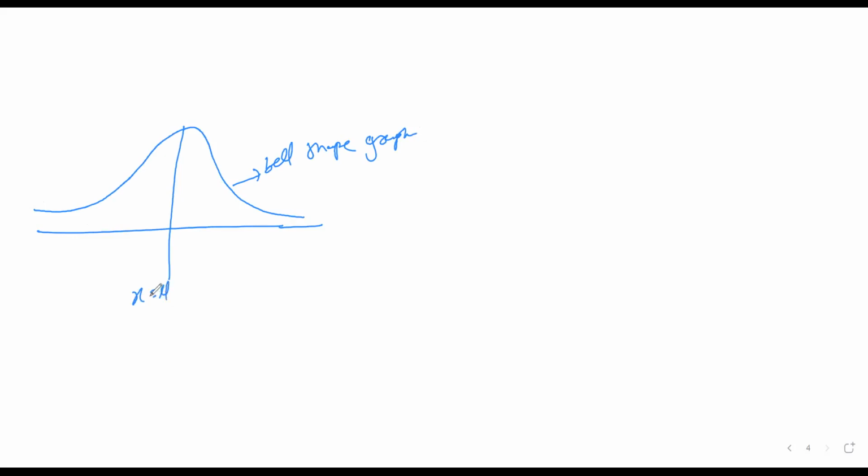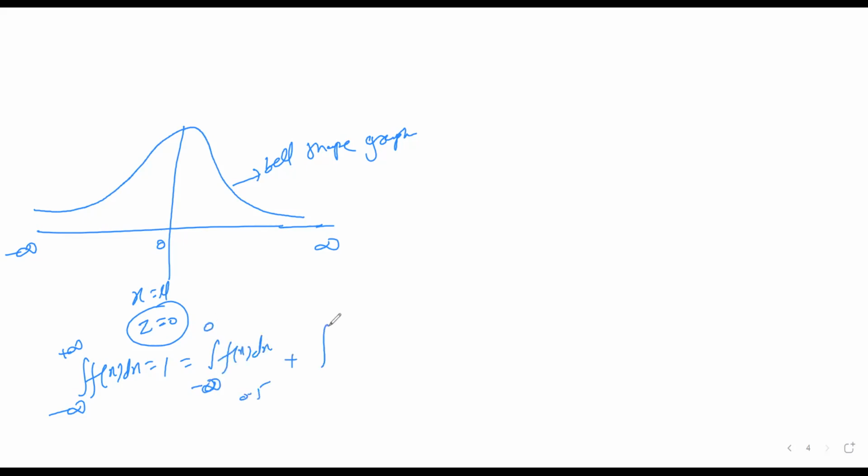This graph is symmetric about the line x equal to mu, that is z equal to 0. This is minus infinity, this is 0, and this is plus infinity. As we know, the integral from minus infinity to plus infinity of f of x dx is equal to 1. We can split this: from minus infinity to 0, the value of the integral of f of x dx is 0.5, and from 0 to infinity it is again 0.5. So this region has the value 0.5 and this region has the same value 0.5.